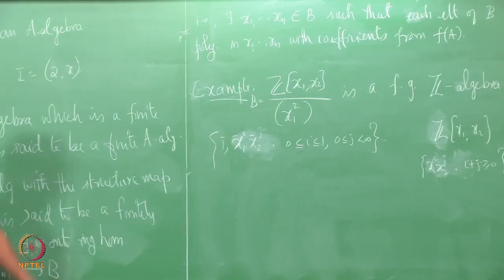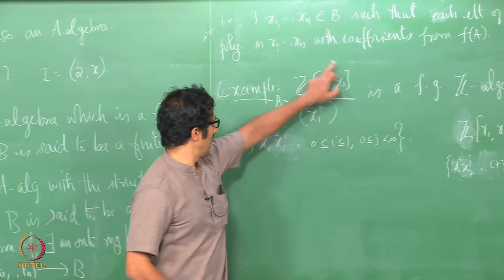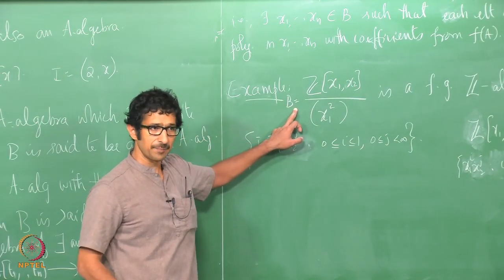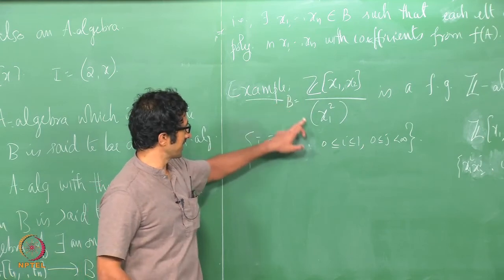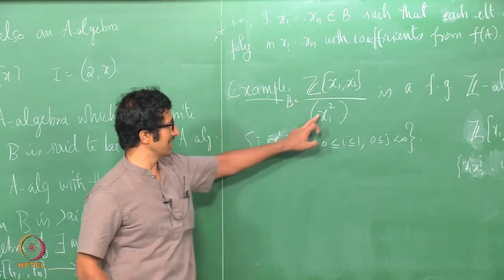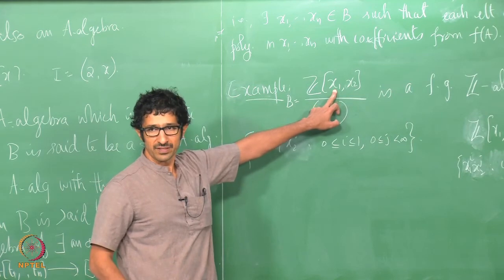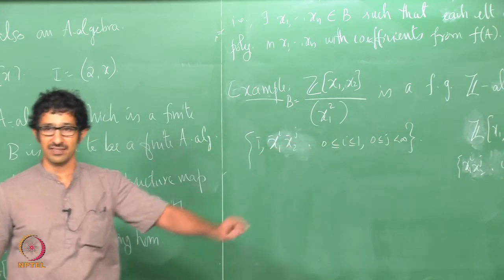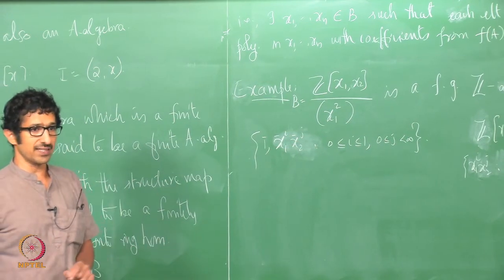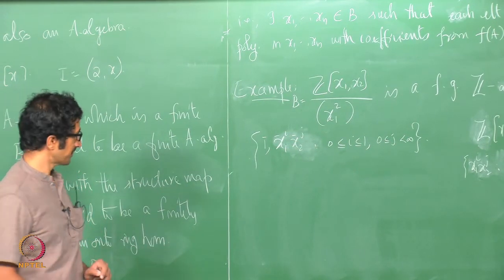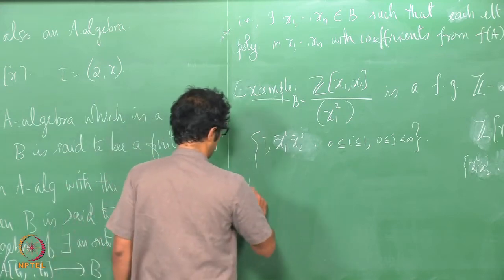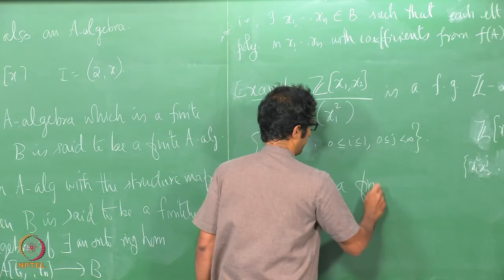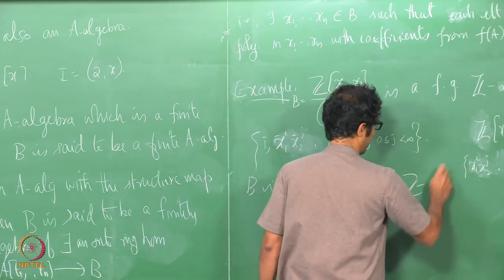So as a Z module this is not finite, but this is a finitely generated Z algebra. B is not a finite Z algebra, it is a finitely generated Z algebra.